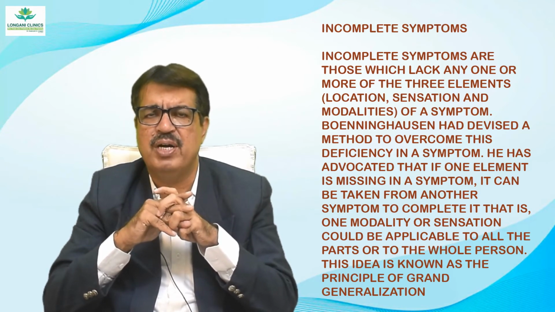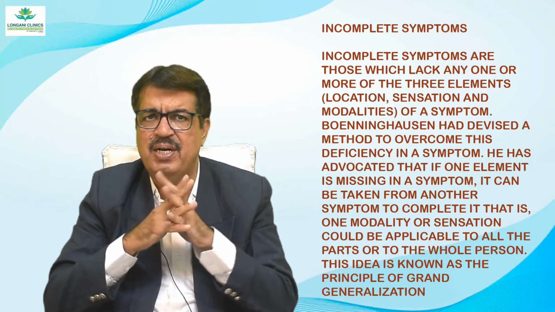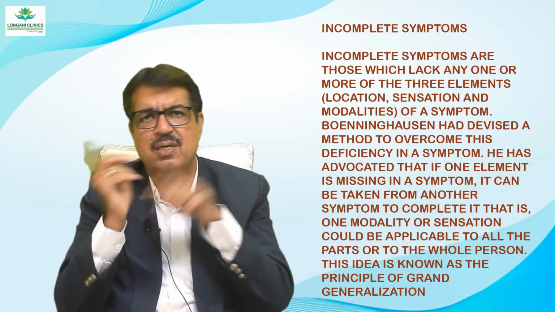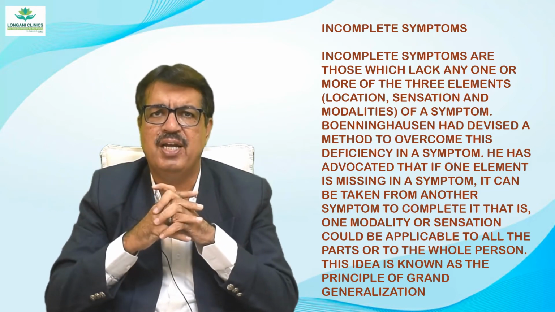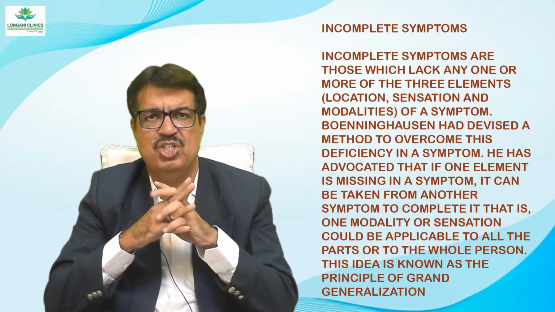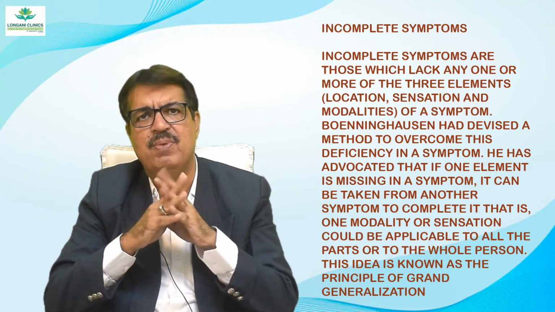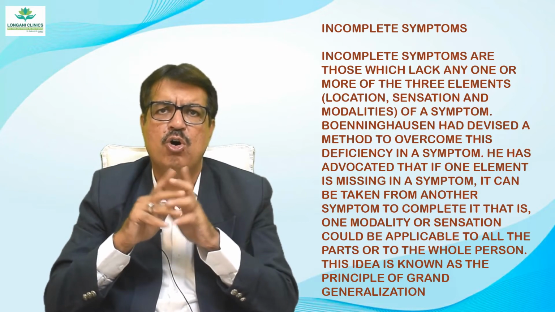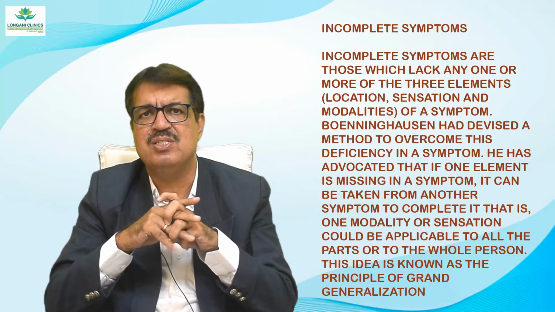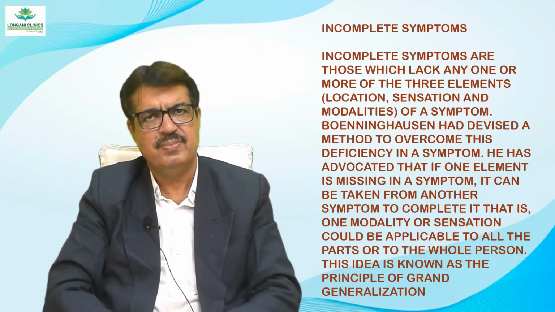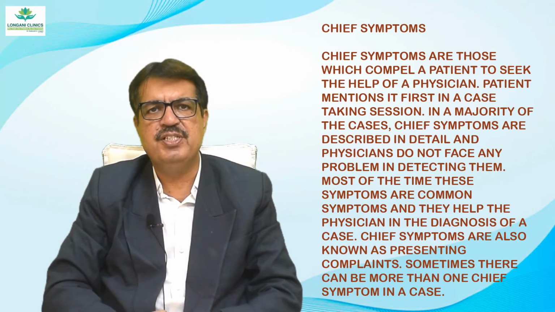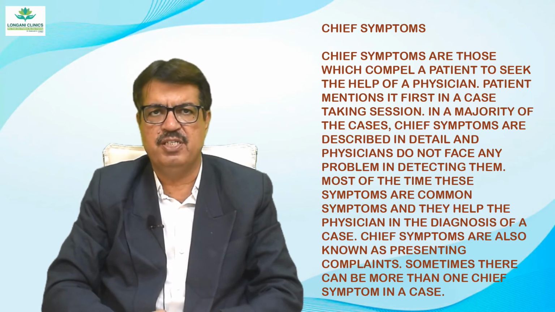He has advocated that if one element is missing in a symptom, it can be taken from another symptom to complete it, that is, one modality or sensation could be applicable to all the parts or the whole person. This idea is known as the principle of grand generalization.